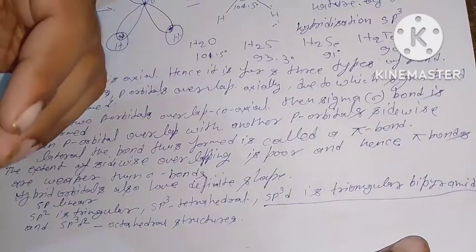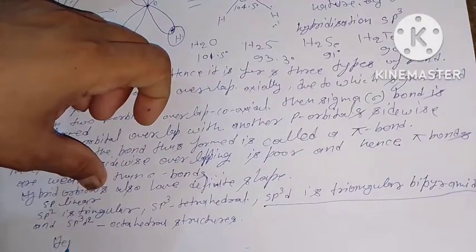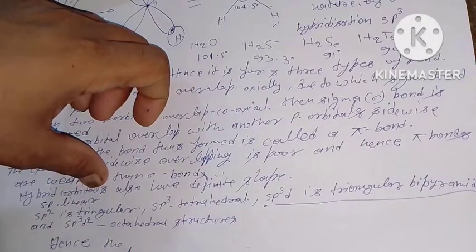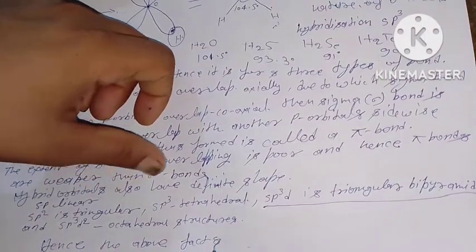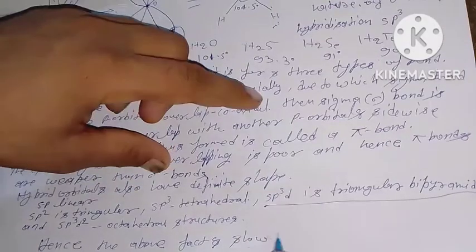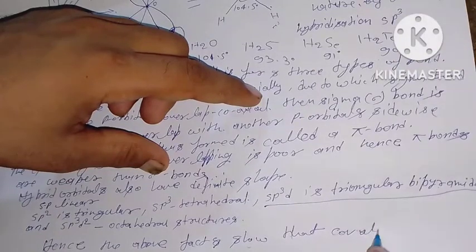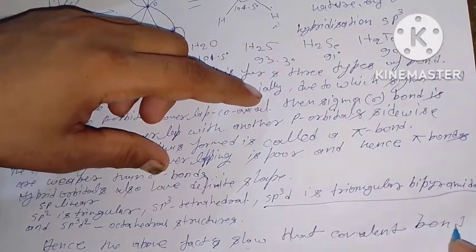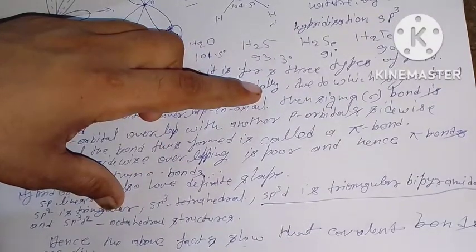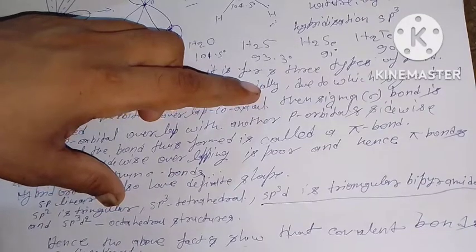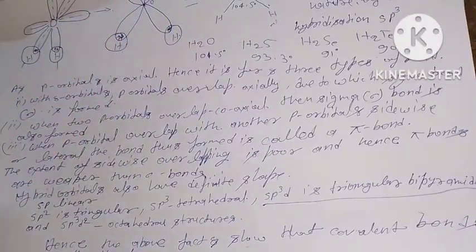Hence, the above facts show that covalent bonds are directional. Thank you. And the next topic of study is hybridization.